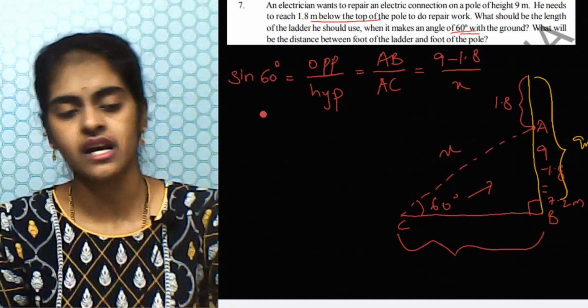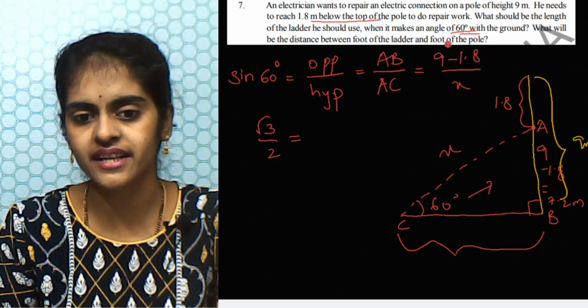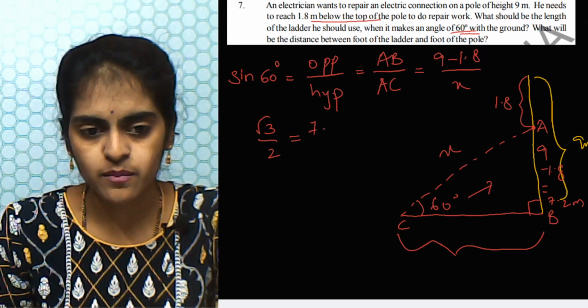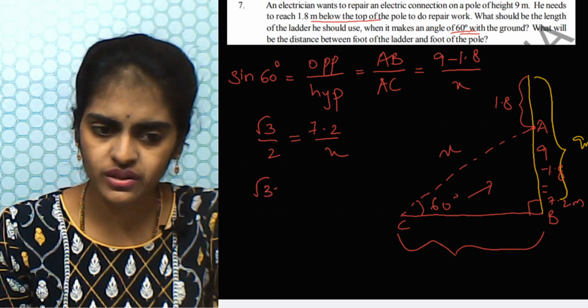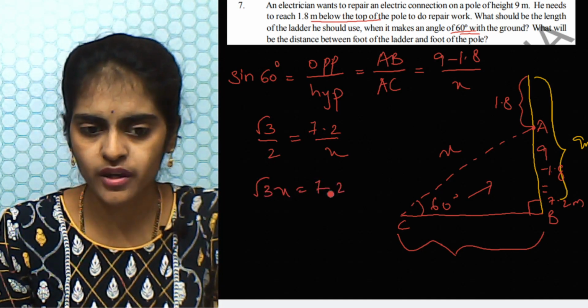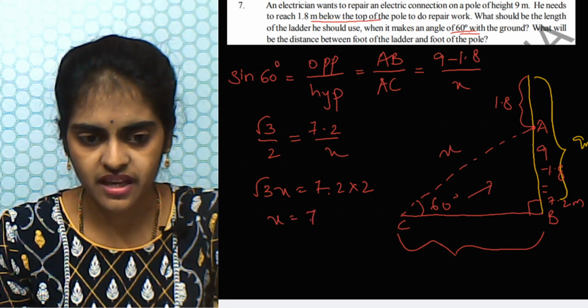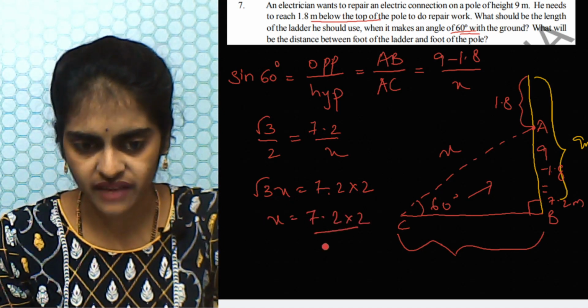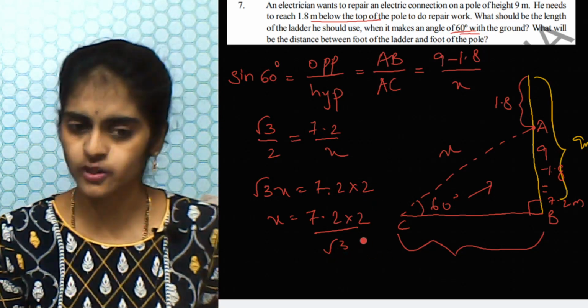So sine 60 is root 3 by 2, equal to 7.2 divided by x. Now just cross multiply: root 3 x is equal to 7.2 into 2. So x is equal to 7.2 into 2 divided by root 3. So this is the value you got.